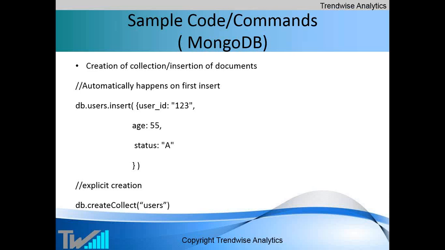So we are on the MongoDB sample code. What this slide shows is basically a couple of lines of sample code. If you want to insert or create the table in a column database like MongoDB, there are two ways. One is you can explicitly create it. At the bottom, there is a create collection, and you give the name, users in this case.